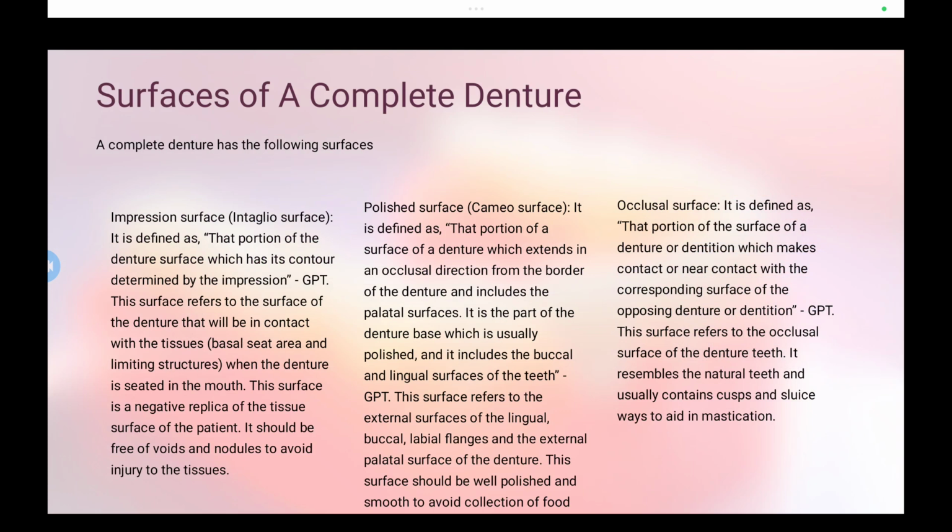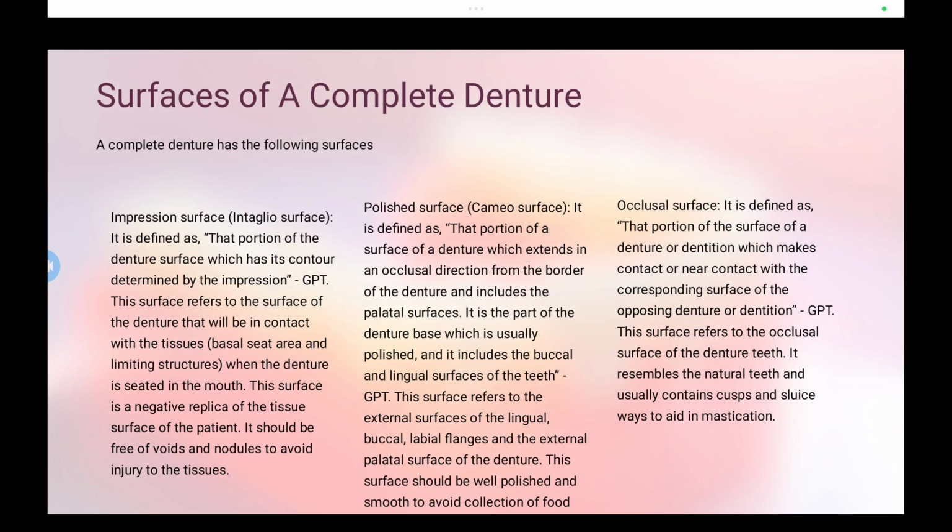First, impression surface or intaglio surface. It is defined as that portion of the denture surface which has its contour determined by the impression. This surface refers to the surface of the denture that will be in contact with the tissues, that is the basal seat area and limiting structures.